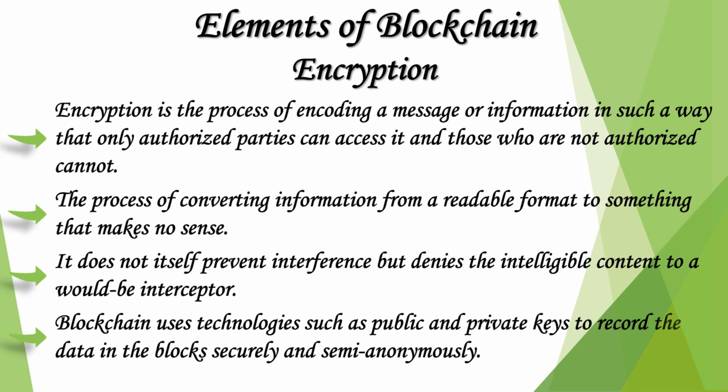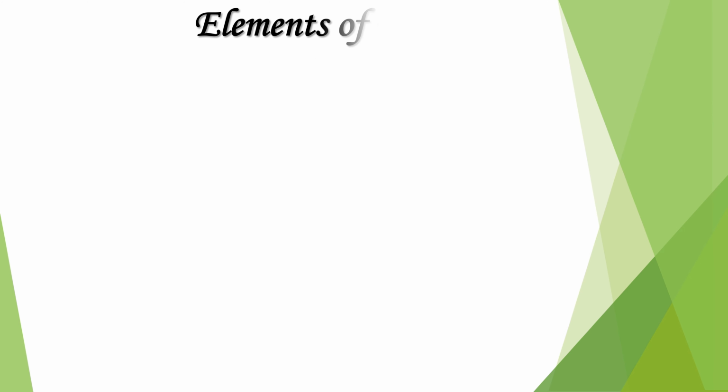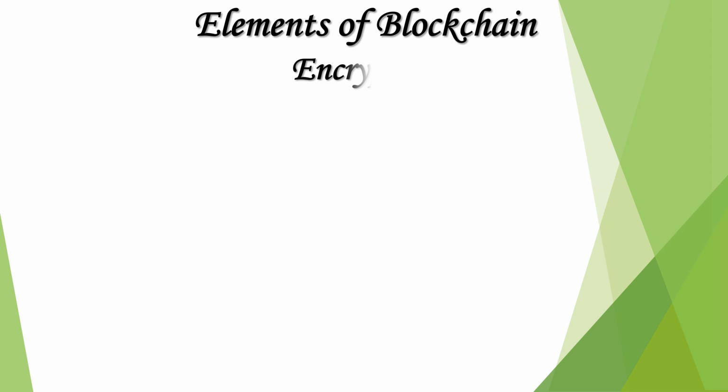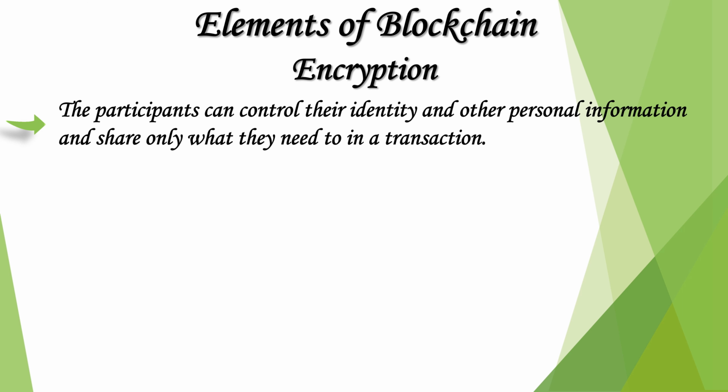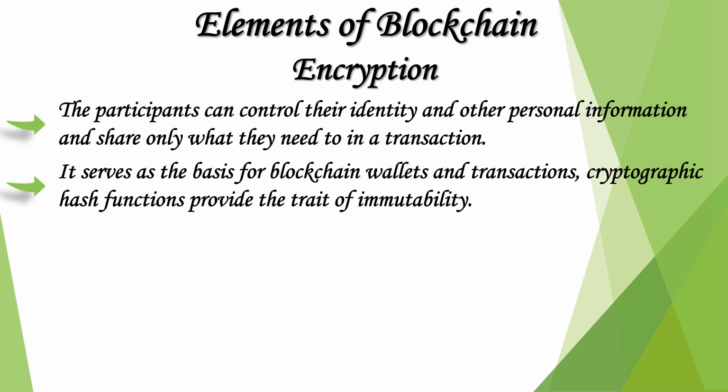Blockchain uses technologies such as public and private keys to record the data in the blocks securely and semi-anonymously. The participants can control their identity and other personal information and share only what they need to in a transaction. It serves as the basis for blockchain wallets and transactions.